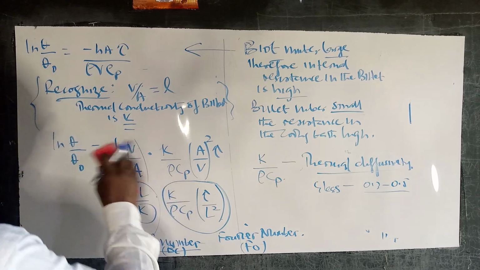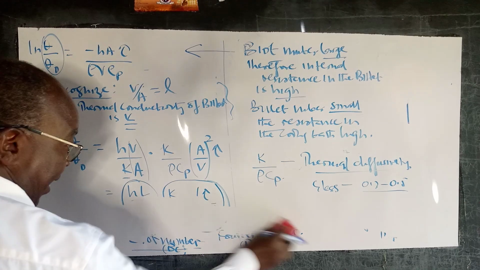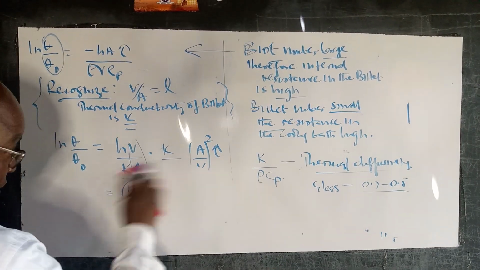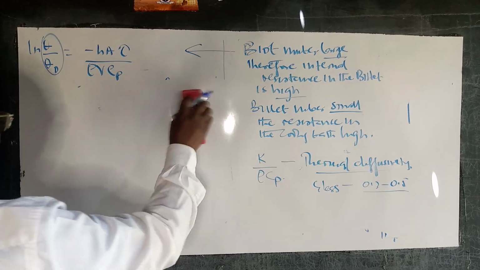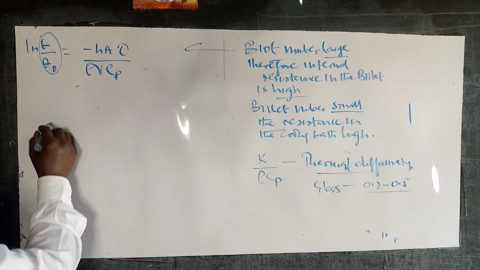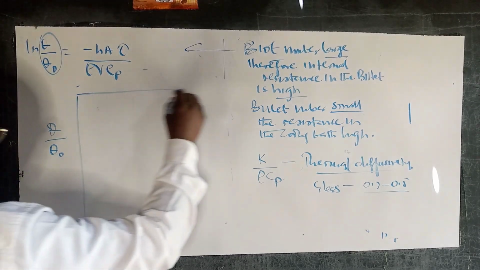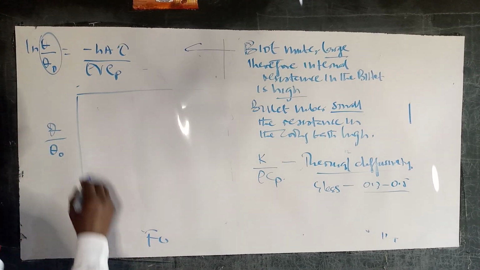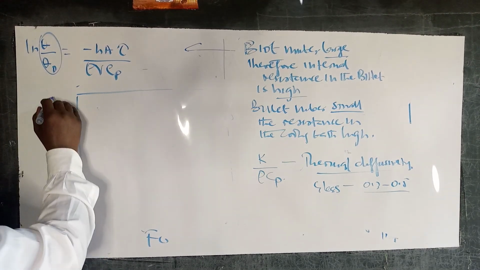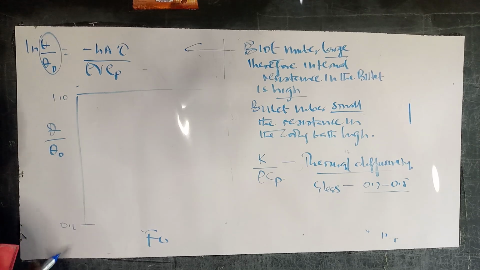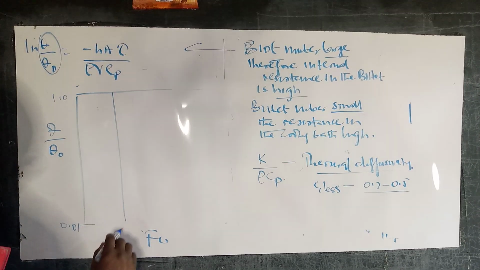So if we plot the logarithmic expression for theta over theta naught versus the Fourier number, it's not drawn to scale.